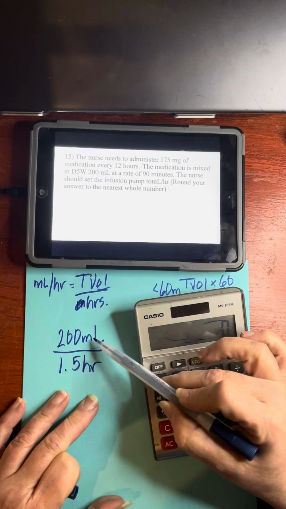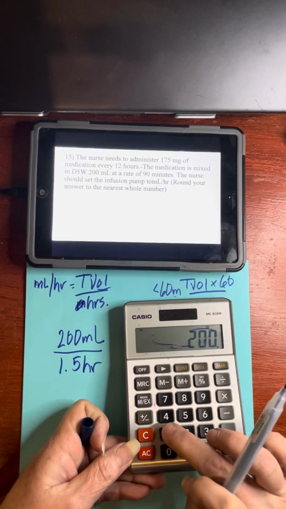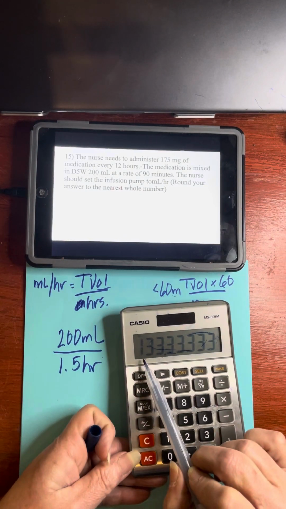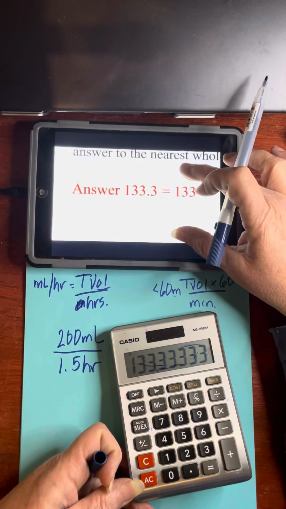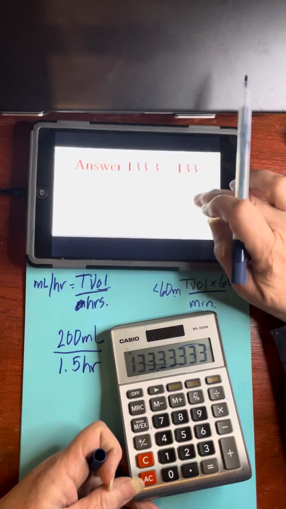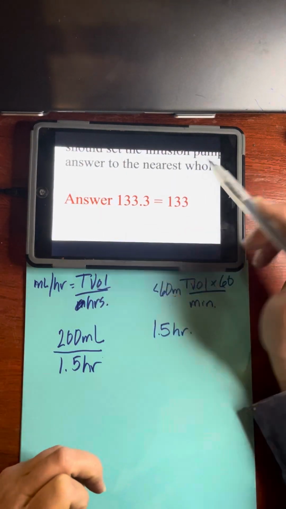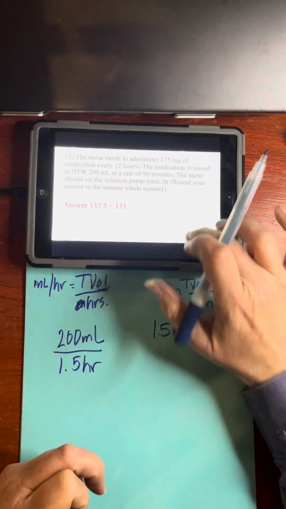And so it's this divided by that, okay? 200 divided by 1.5 equals 133.3. And that will just round to a whole number, 133, okay?